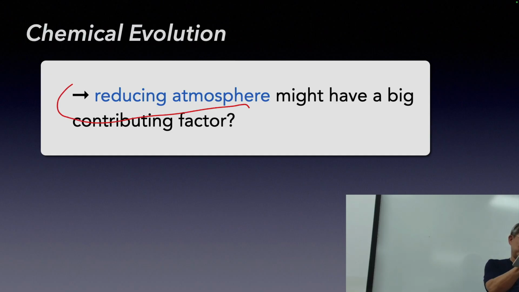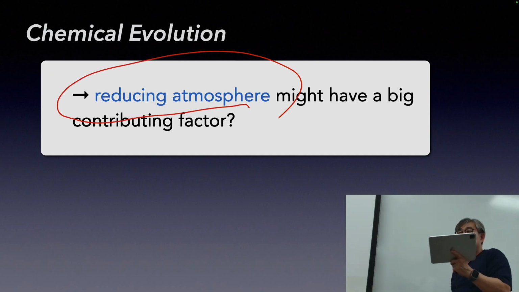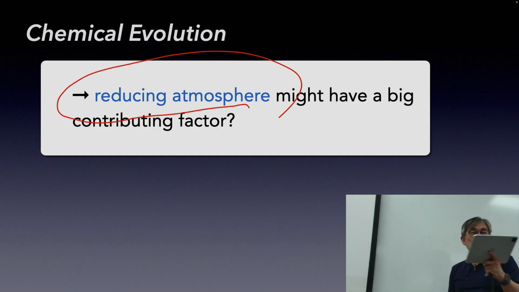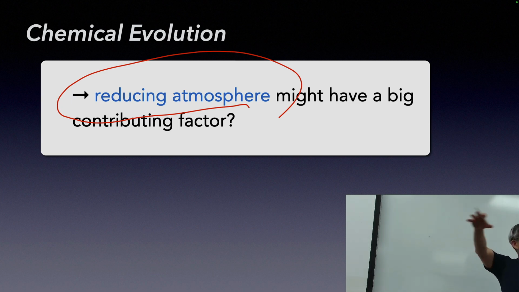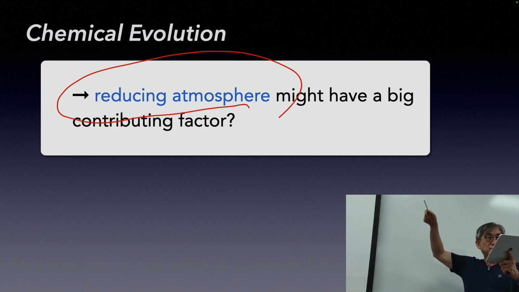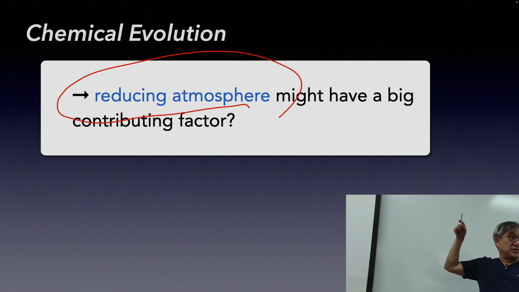So these clever, sly scientists came up with this: reducing atmosphere. The current atmosphere is the opposite of this so-called reducing atmosphere. A reducing atmosphere is a condition under which no oxygen is present.